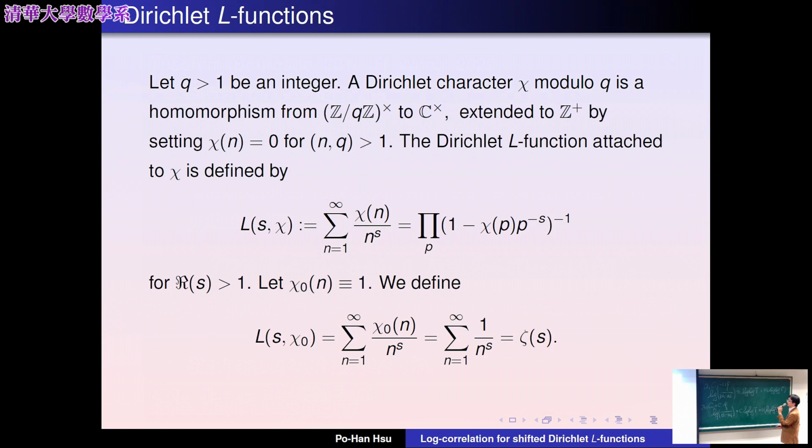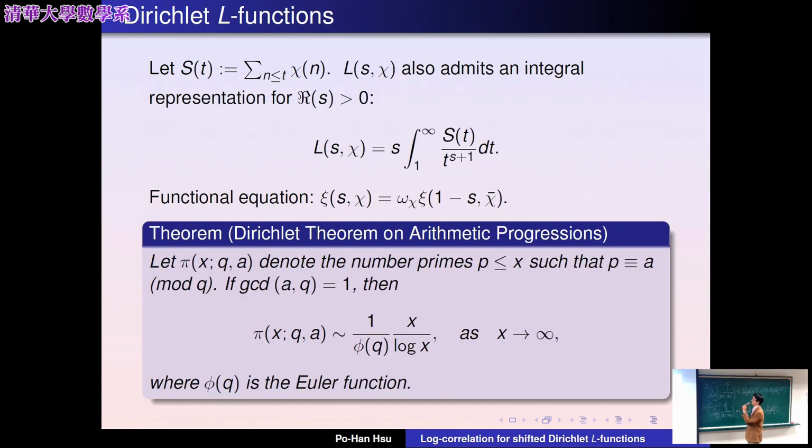You can extend this in this way. The Dirichlet L function attached to this chi is this. You replace the 1 in Riemann zeta by chi, and of course it admits this Euler product. And if you consider the principal character, it reduces to Riemann zeta. So yeah, they are relatives.